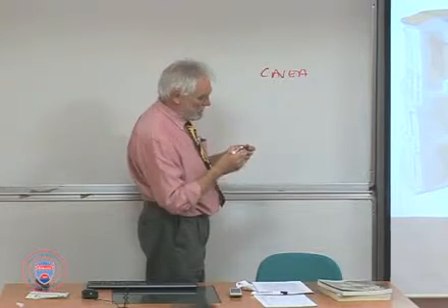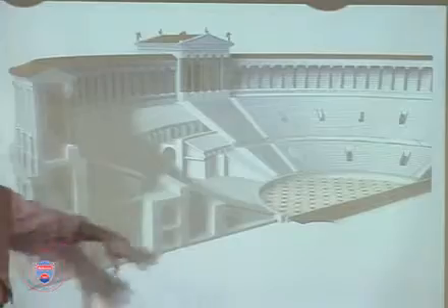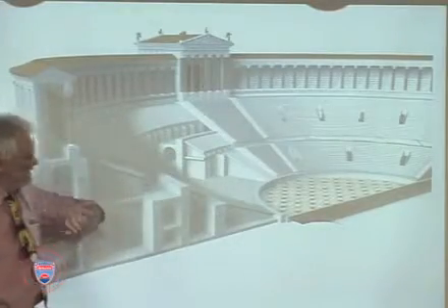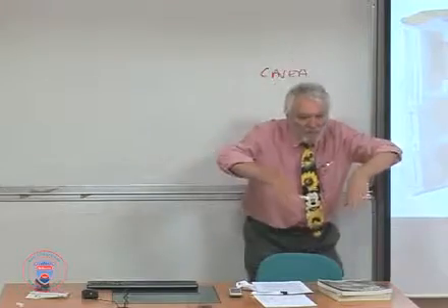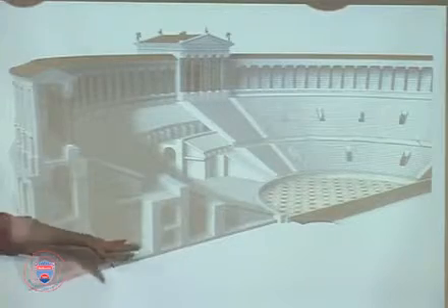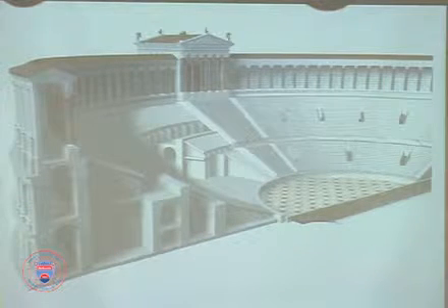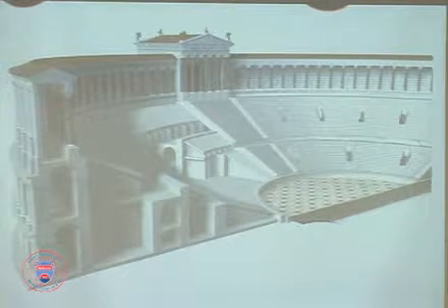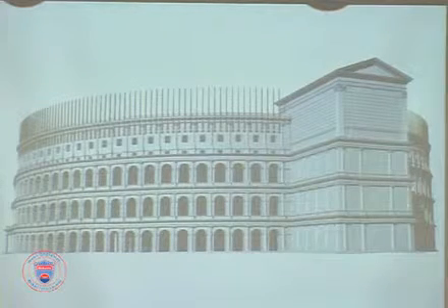I'll give you these terms in another class, so I won't write them down now, but the lower seating area, middle seating area and upper seating area. Well, it's flat. So to provide a seating area like a Greek theatre, which is cut into a hillside, what Pompey's architects have to do is to build this massive concrete structure, but the barrel vault cuts the cost down, makes it strong, makes it all possible.